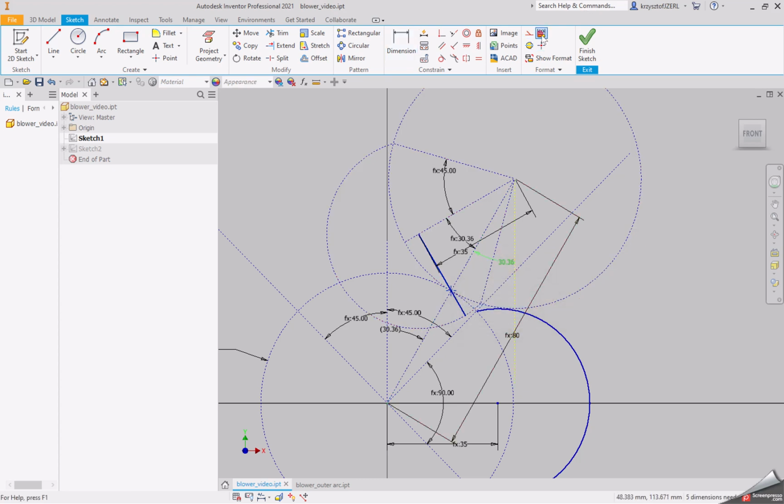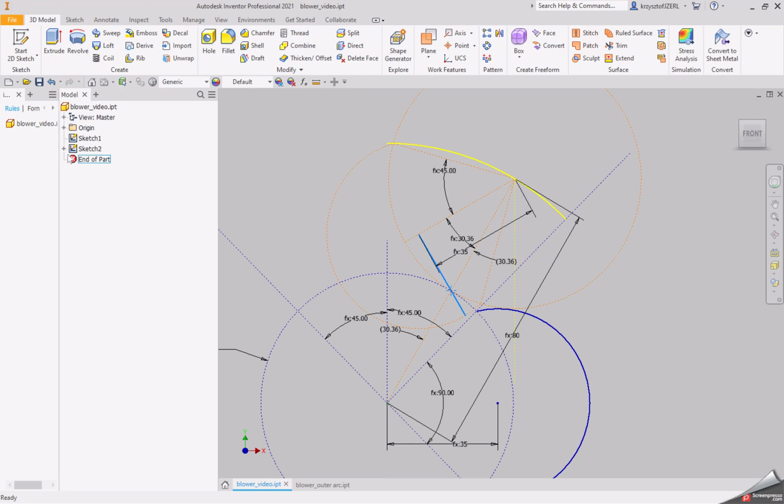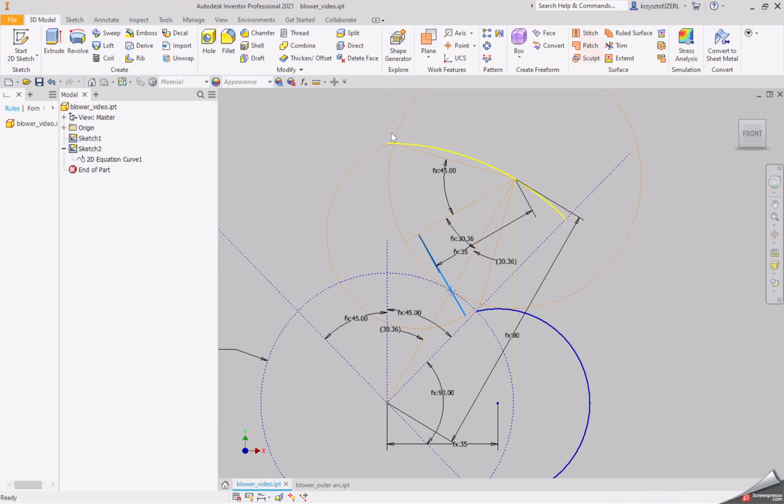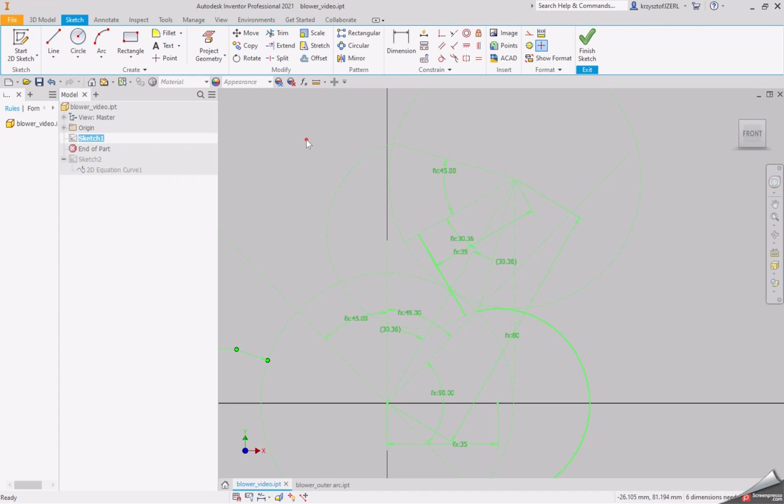So as you can see, we have fully defined the geometry. You know what? I will just make this curve in the other sketch, for simplicity of presentation.